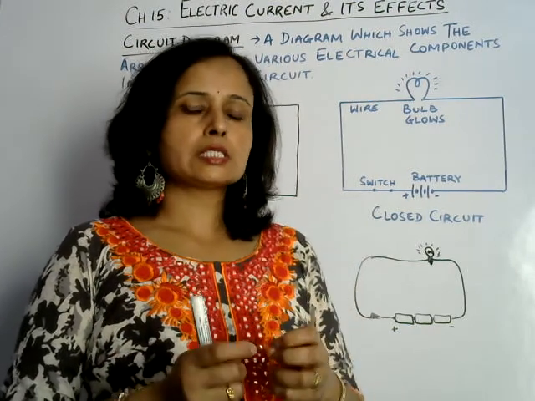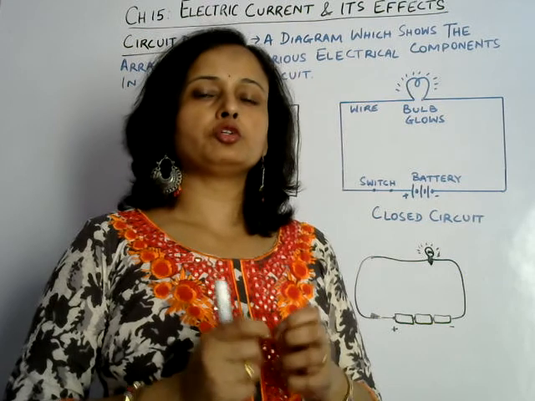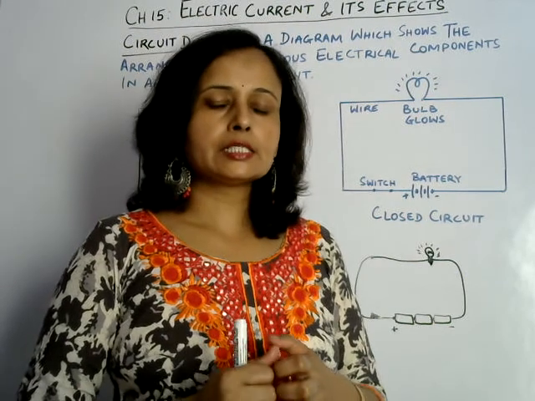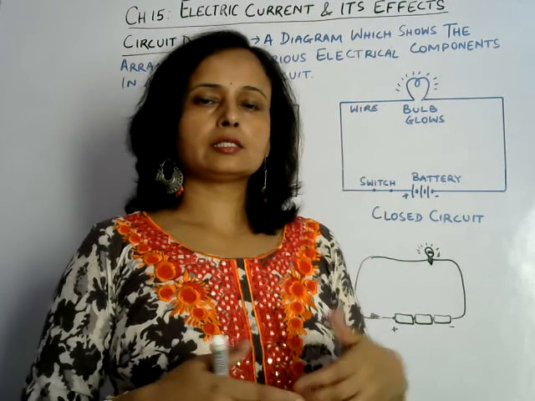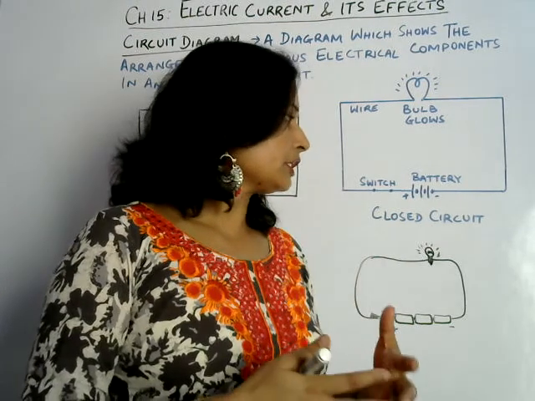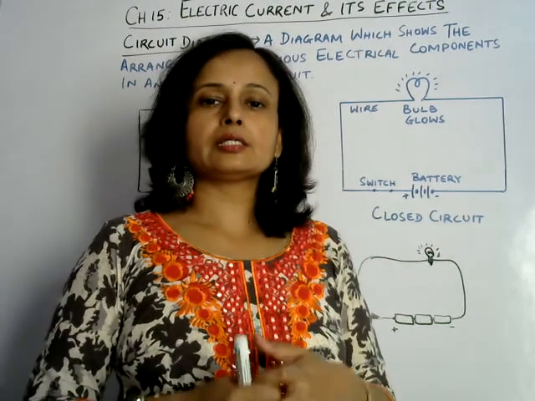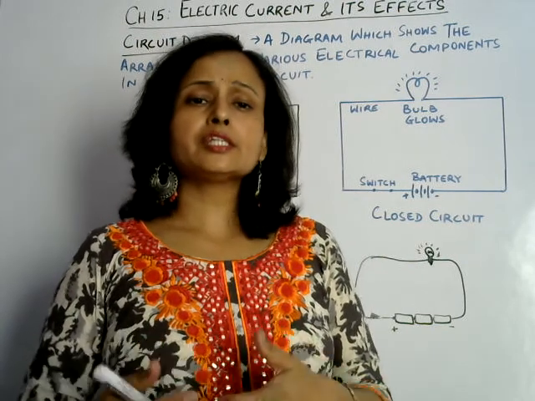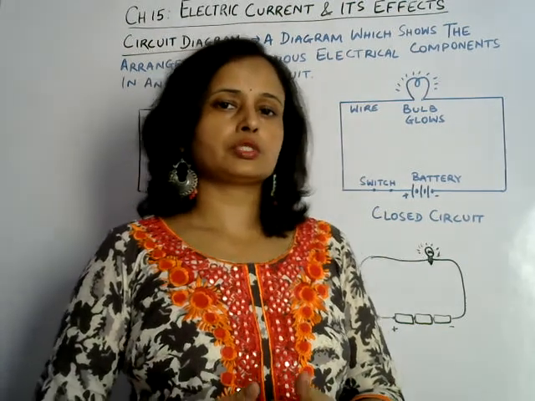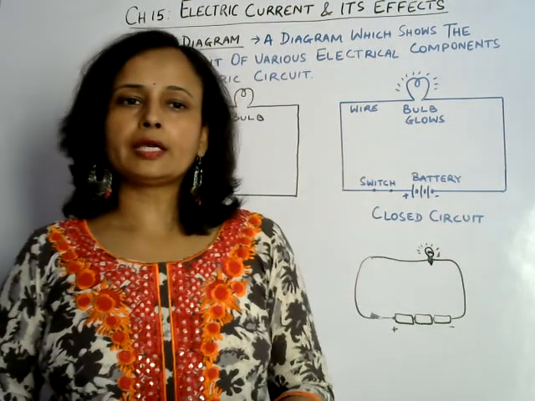So heat and light energy can be produced due to the resistance that is found in the tungsten wire. So the tungsten wire resists electricity and it glows. In this way a bulb can glow.